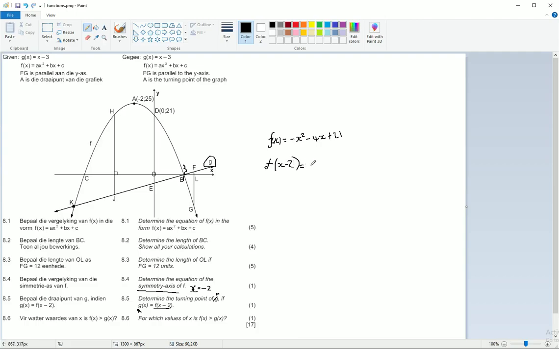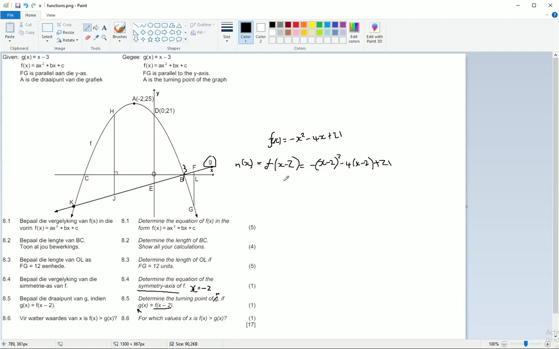So I'm going to say minus, instead of x, I'm going to put x minus 2, minus 4 instead of x, again x minus 2, and that has to be plus 21. This is now your new function, which we decided we're going to call n of x today.